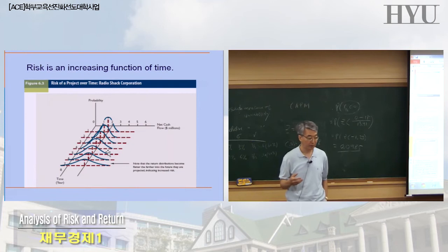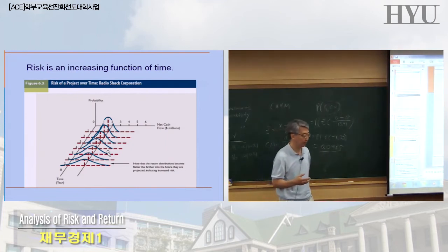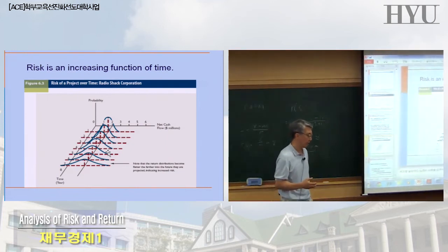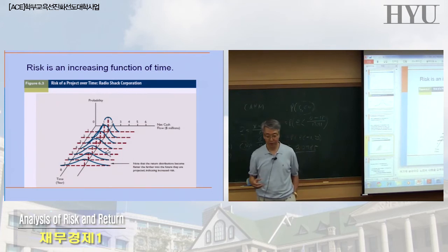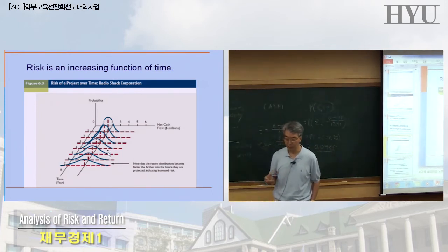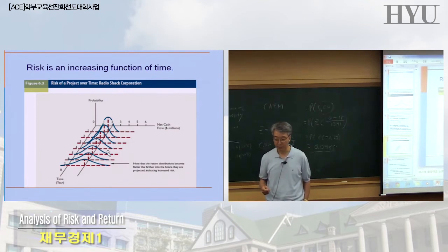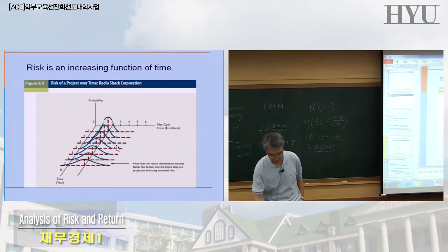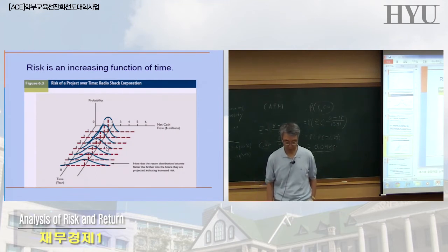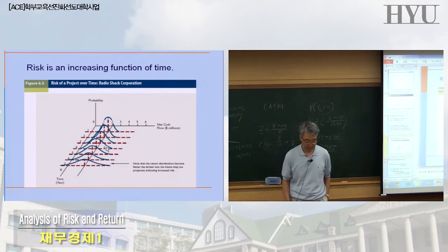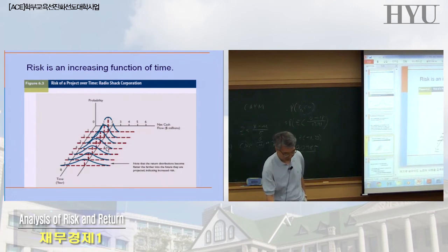Anything can happen 3 years later, 5 years later, 7 years later. So you cannot be certain as you would be for just the next 6 months or 12 months later, okay? So that's the simple nature of the relationship between the riskiness or variability of investment and time, okay?